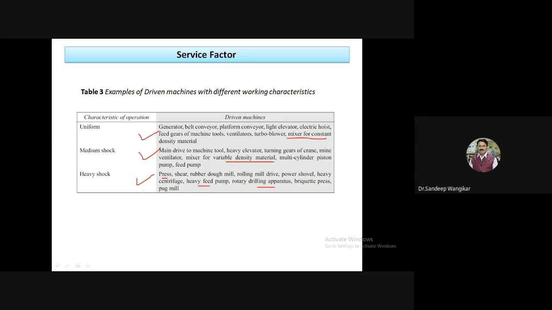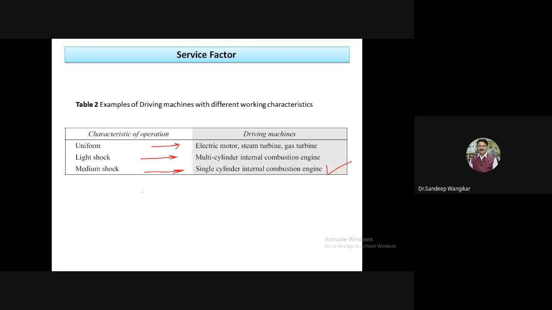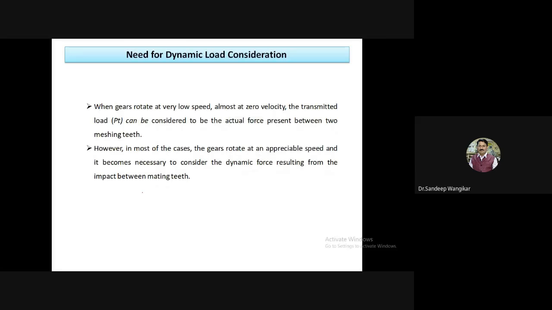So heavy duty applications are there, in the manufacturing sector, forging sector. So at that particular place, the driven machines have these characteristics as uniform, medium, and heavy. And we have discussed based on the driven and driving characteristics how the service factor is varying. And in the numerical, it may be given that this is the service factor.